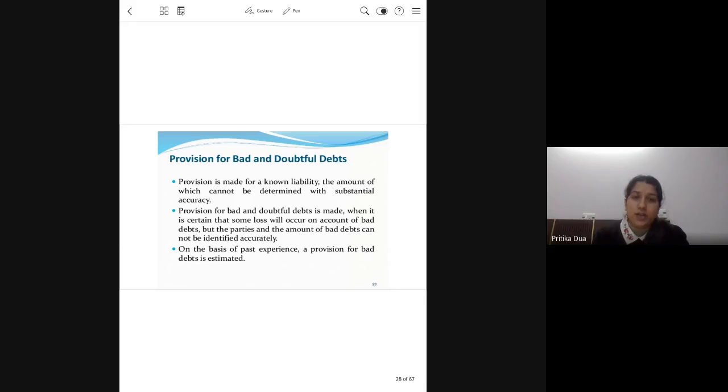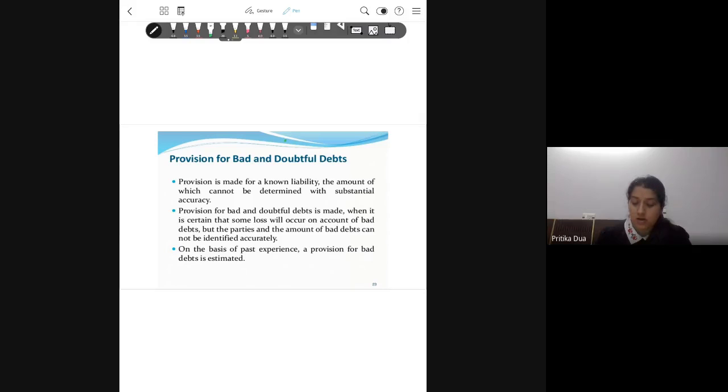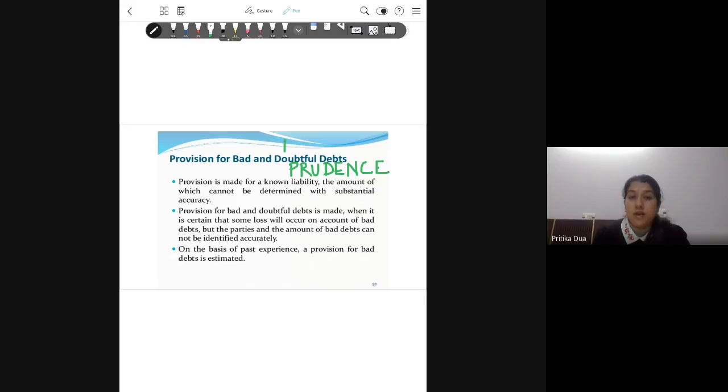Okay, one thing is that at the end of the year, you get to know, okay, this much are the bad debts, and you make the adjustment in the final accounts. The second thing is that as per the prudence principle, प्रूडेंस प्रिंसिपल जो हमने यूनिट 1 में करी थी कि दैट वी मेक प्रोविजंस फॉर एक्सपेक्टेड लॉसेस but we don't make any provision for expected profits.